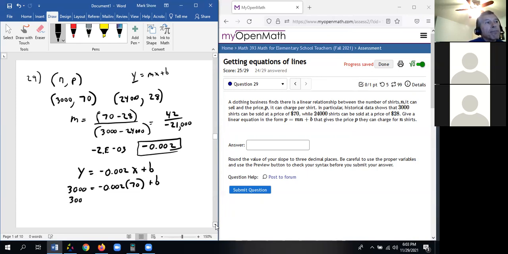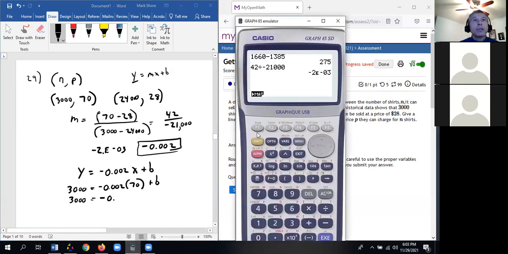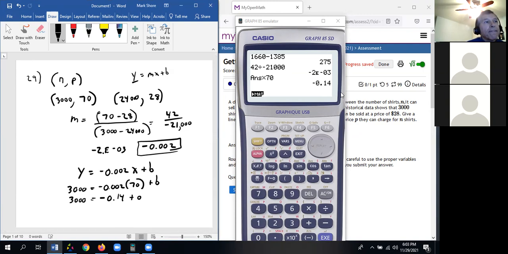So 3,000 equals, if I multiply this times 70, I think I get negative 0.14 plus b. Then add that to the other side, so I get 3,000.14 equals b. Wow. Okay.